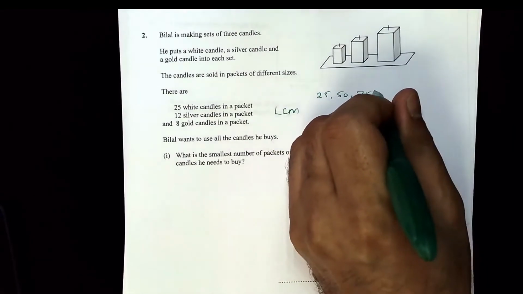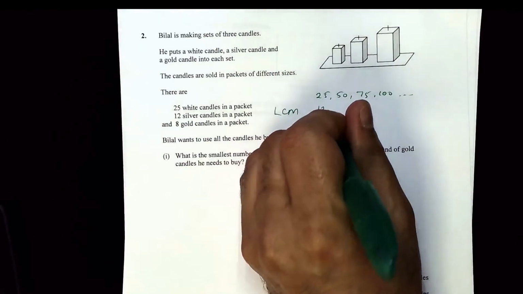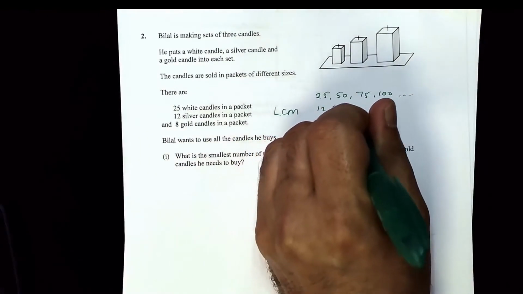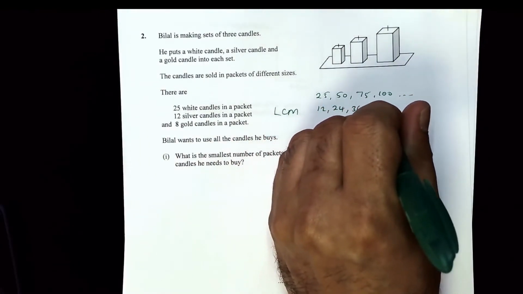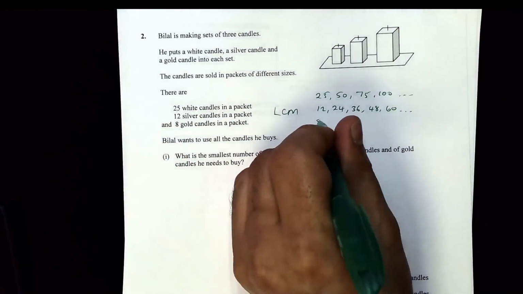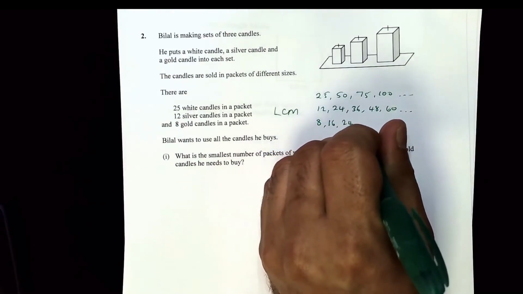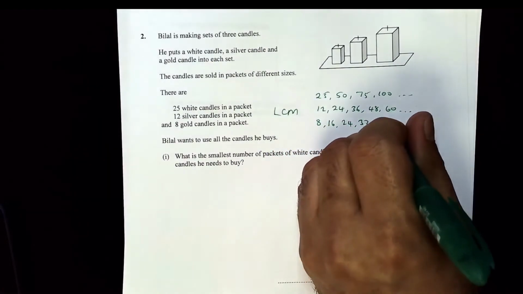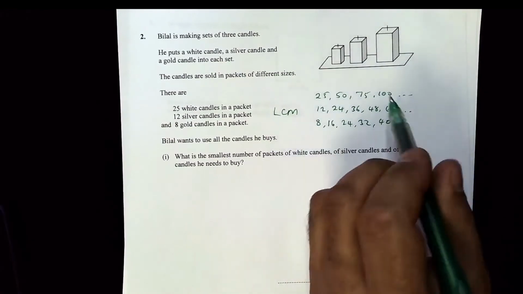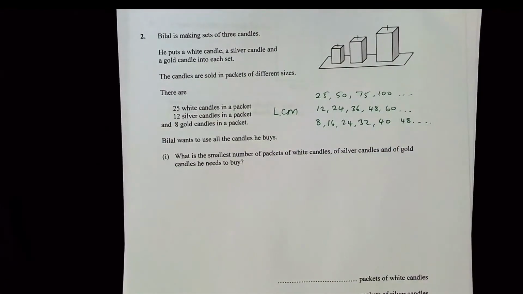So 25, 50, 75, 100, and so on. 12, 24, 36, 48, 60. 8, 16, 24, 32, 40, 48, and so on. And you are looking for the lowest common multiple.